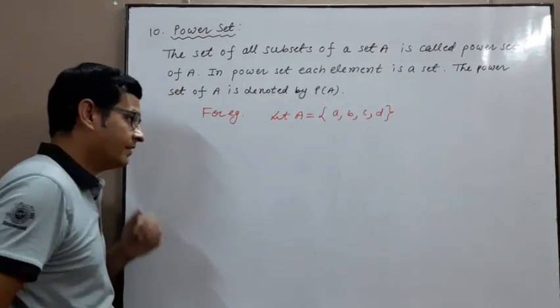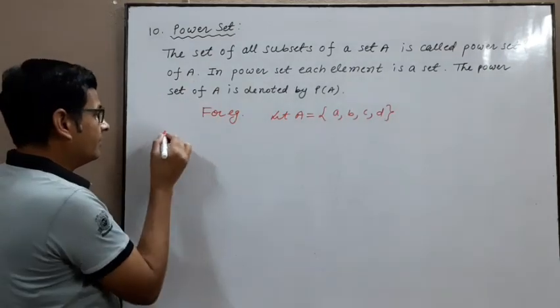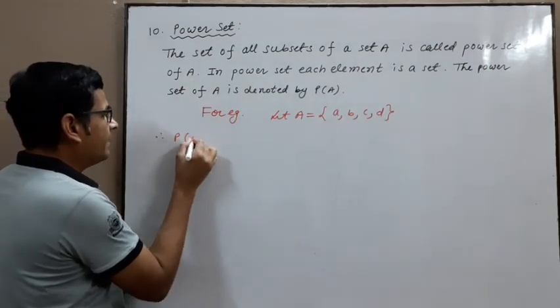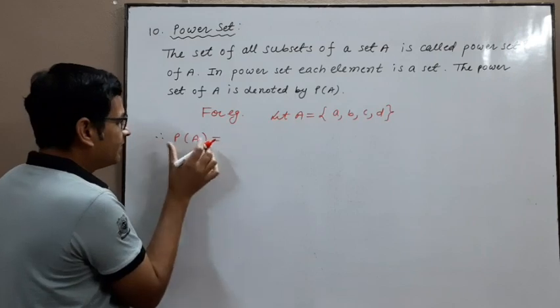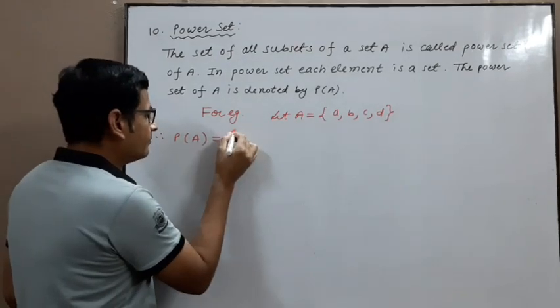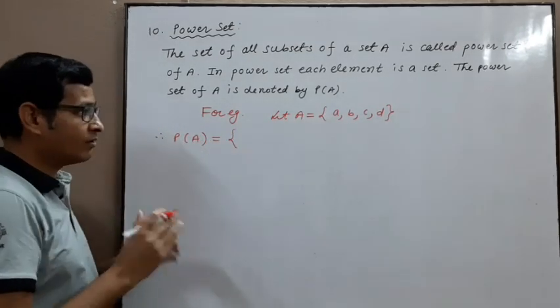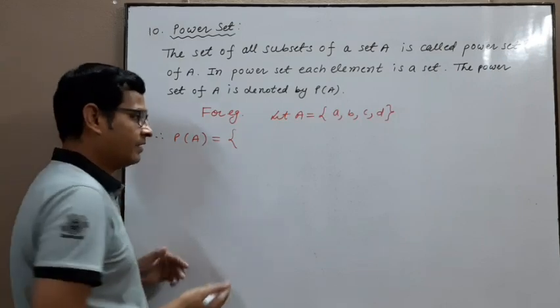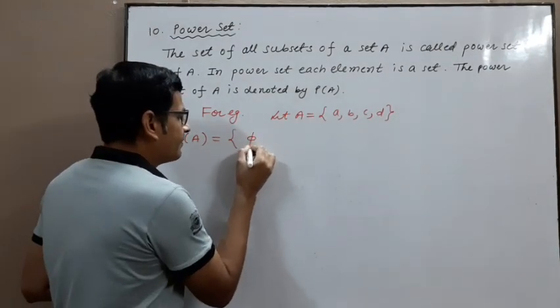Take 4 elements. Therefore, P(A), the power set, is a collection of all subsets of set A. We all know the empty set is a subset of every set.